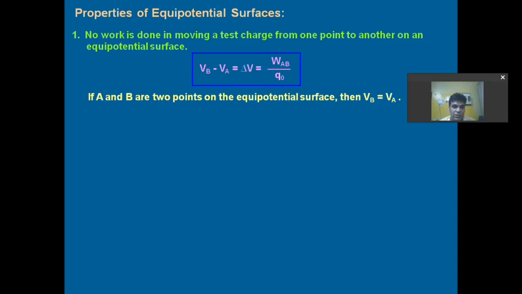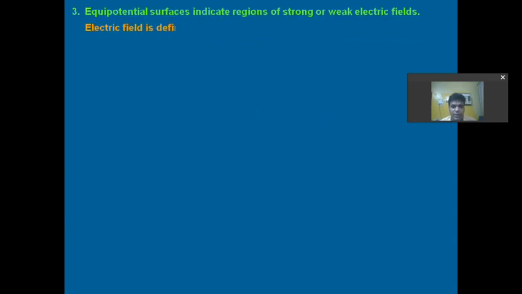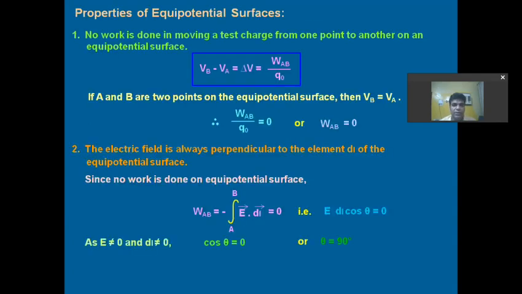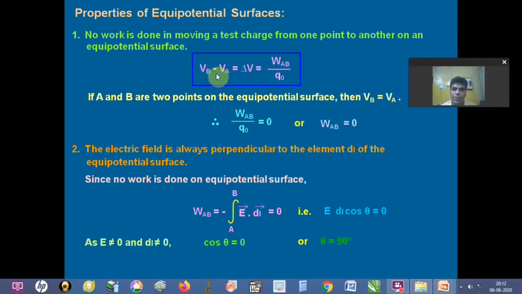Next we come to the properties of equipotential surfaces. These are very important properties. The first property is that no work is done in moving a test charge from one point to another. VB minus VA is the definition we have derived for the electrical potential difference.